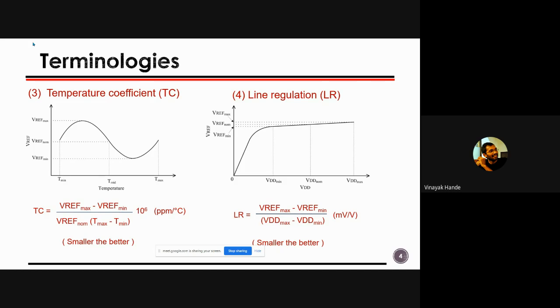Why multiply by 10 raised to 6? Because otherwise the number is very small and very difficult to quote anywhere, so generally it is multiplied by 1 mega. The unit is ppm per degree Celsius.